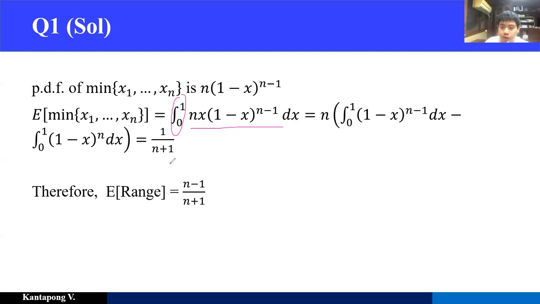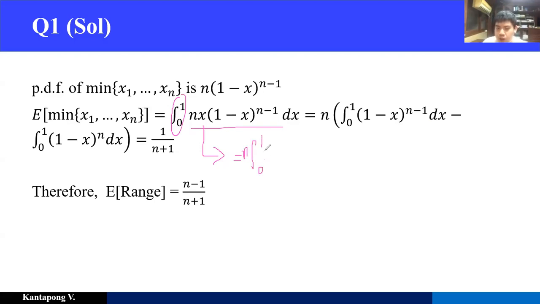The question is how to integrate this, because we have x and 1 minus x. Oh my God, how do we do this? The trick here is that if you don't want to do integration by parts, and I don't think by parts works here, let's put the n out.